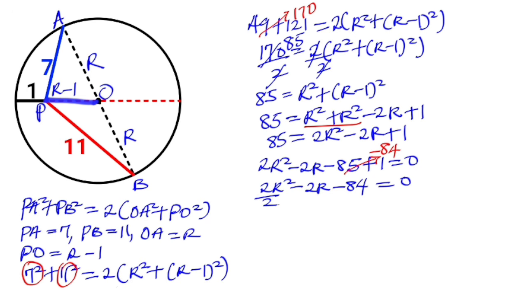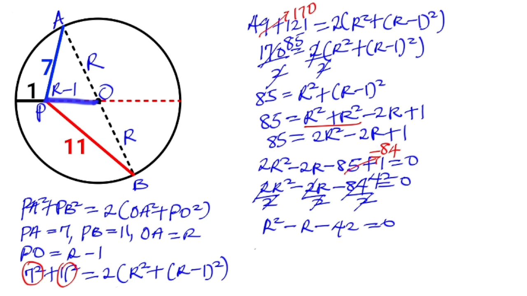Now, let's make this easier to solve by dividing the entire equation by 2. 2 will cancel out 2. And 84 divided by 2 is 42. And we are left with R squared minus R minus 42 is equal to 0.